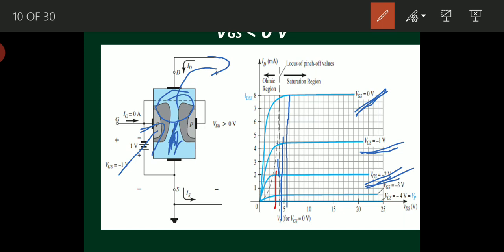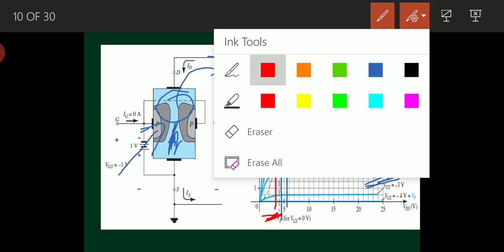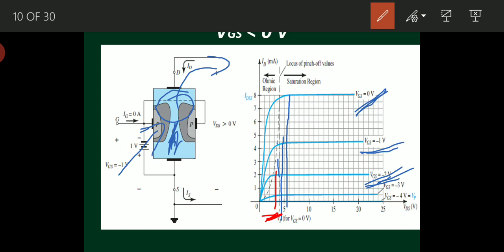Saturation condition will occur at low voltage level of VDS itself. So that the graph shifts towards downside, and you can see here the parabolic change here.